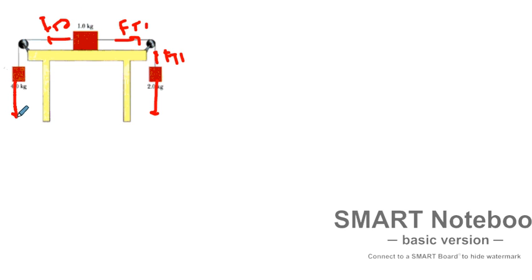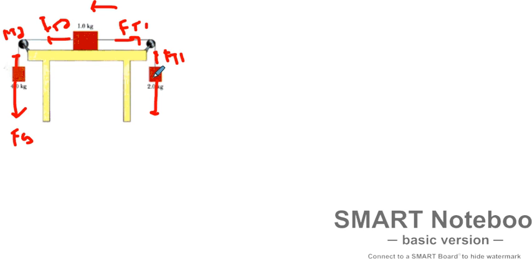And straight down for this one would be force gravity and force tension 2. Okay, so this box here, I'm going to see an mg downwards and a force tension upwards. So let's say it looks to me like we're going to get an acceleration this direction here.